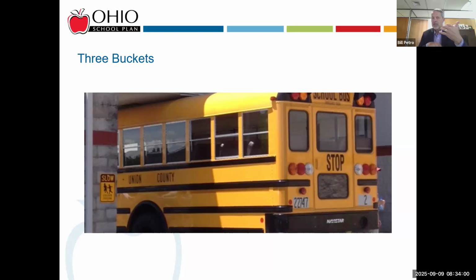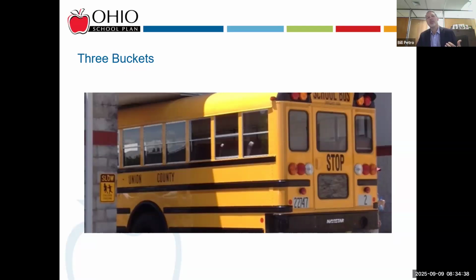Here we have a picture of a bus that hits an overhang, and in this example, students are injured. The bus itself is damaged, and that's bucket one. That is your stuff, as Mike says: your buildings, your buses, your equipment. Now in this example, this is someone else's overhang, not yours.